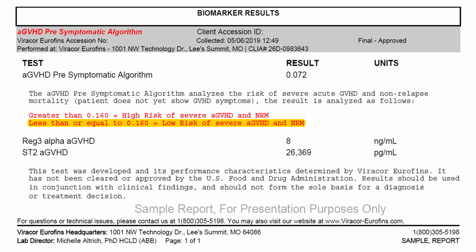And if you were to get your biomarker results from Viracor, this is the way it would look. You'll see up here, it says acute GVHD pre-symptomatic algorithm. That's what you would put on the requisition slip. And you would see here that I've highlighted that it's less than or equal to 0.16. That equals low risk of severe acute graft versus host disease and NRM. And you can see the biomarker levels submitted here.